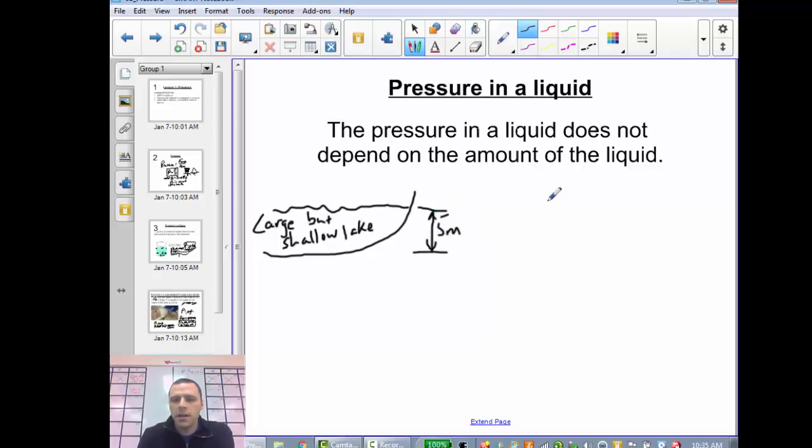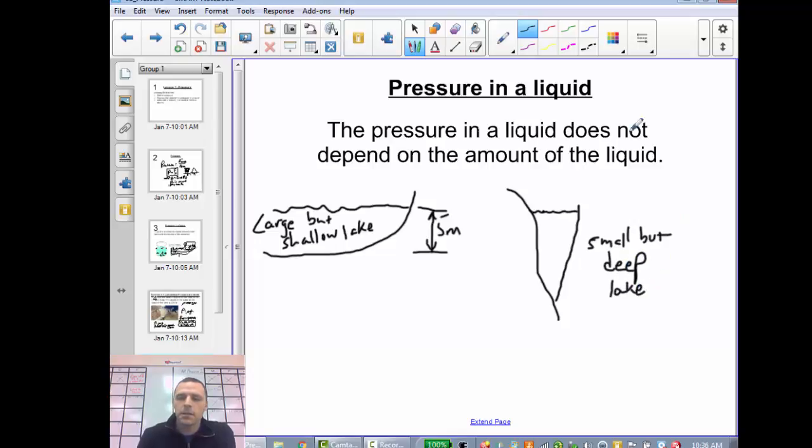And we compare that to a lake maybe that's very deep, but it's not that big. So maybe something like this. So it's a small, deep lake. Maybe it's 10 meters deep, so it's twice the depth.